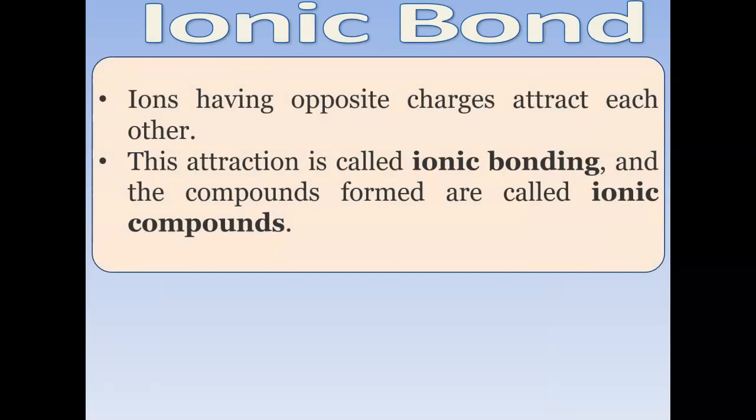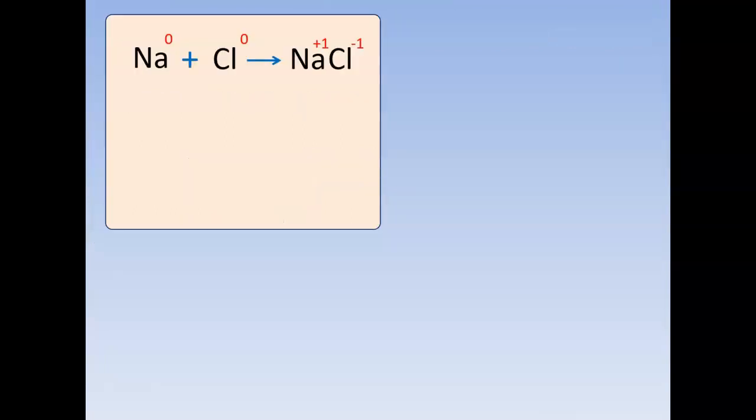So, ionic bond. Ions having opposite charges attract each other. So this attraction is called ionic bonding, and the compounds formed this way are called ionic compounds. So, table salt, again: the sodium atom was neutral, the chlorine atom was neutral too.